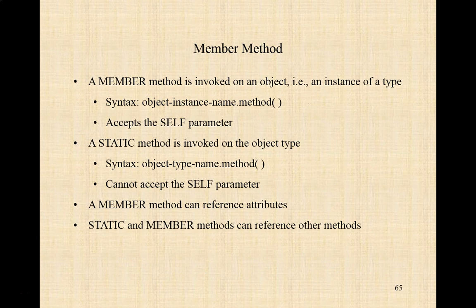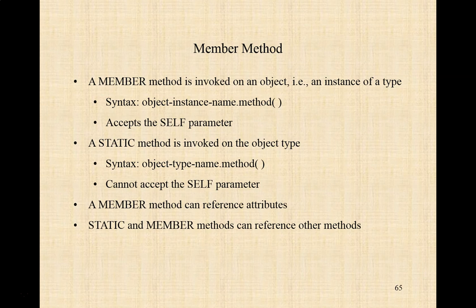A member method is invoked on an object, that is, an instance of a type. The syntax is the object instance name, the variable, dot method. This method accepts the self parameter. Now, a static method is invoked on the object type rather than an object instance.